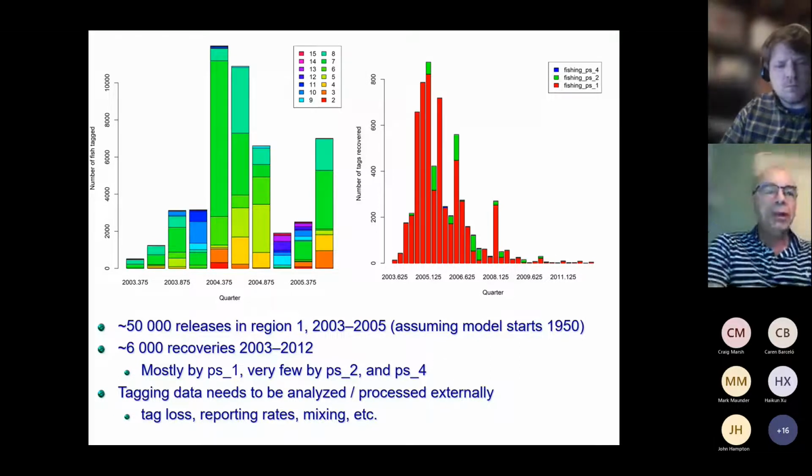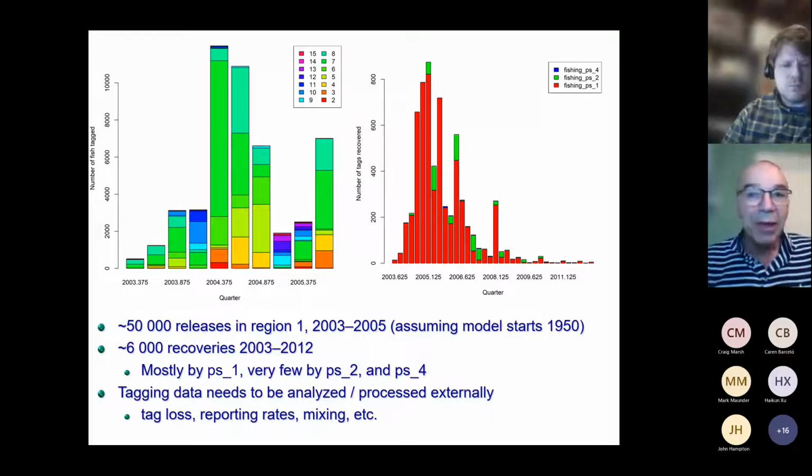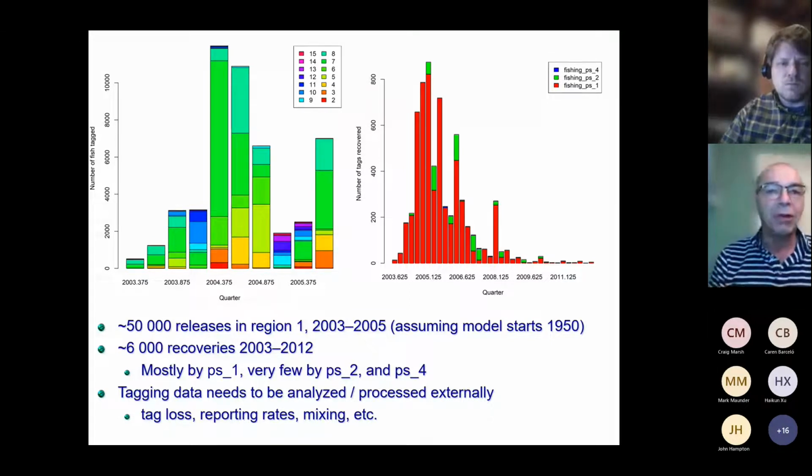So we really have not very much direct information, very sparse empirical information about movements between areas. But we do have a large number, especially in area 1 and 2, from which we should be able to infer the mortality rates of that area, except it's going to be confounded by movement to other areas, but we don't have enough tags coming from the other areas to constrain it very well.